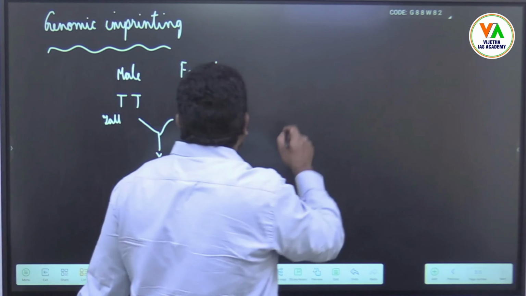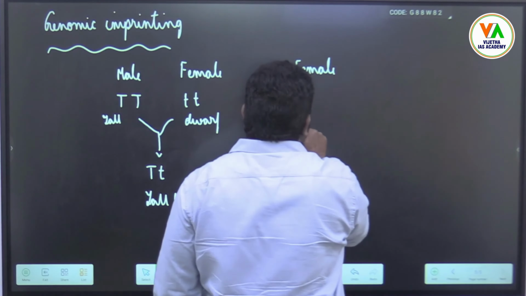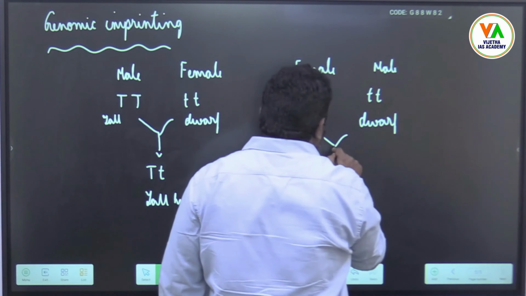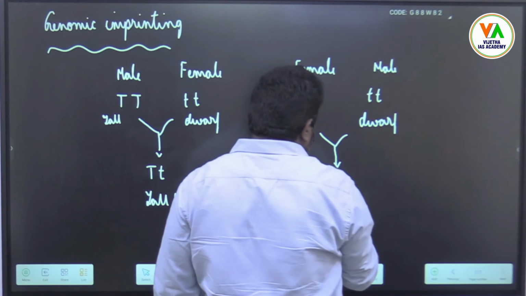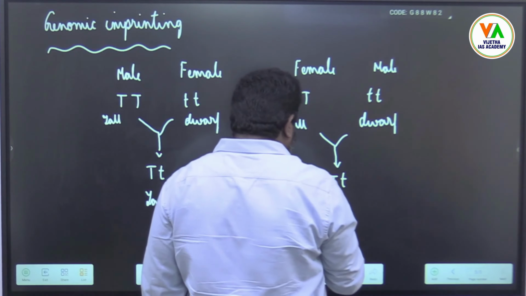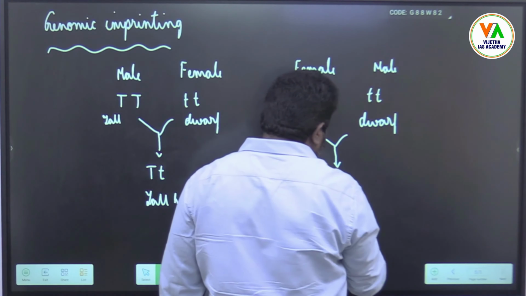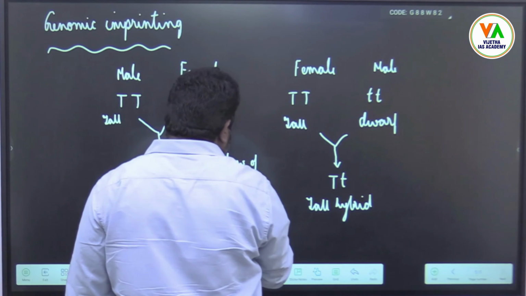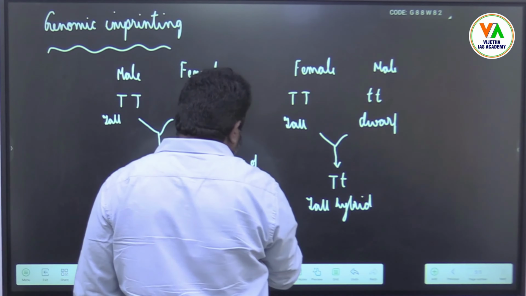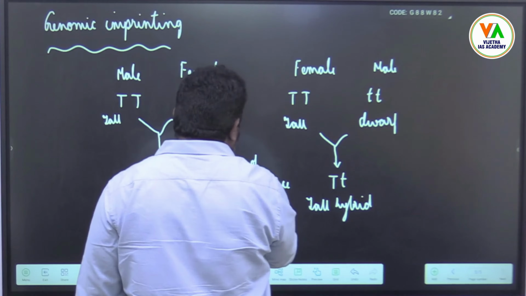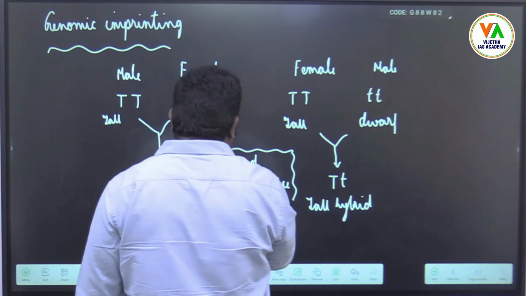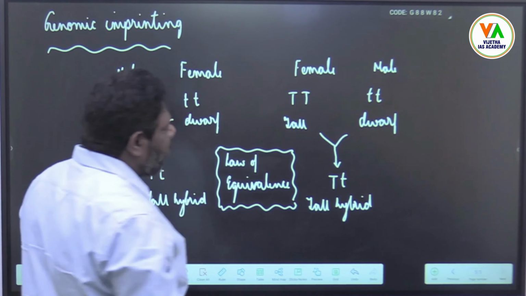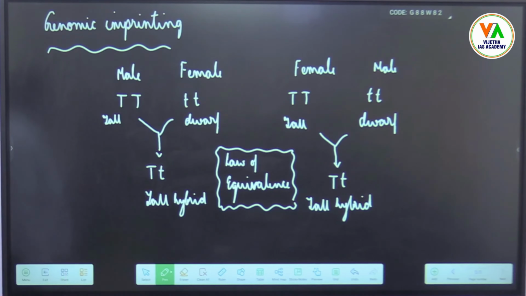Similarly, if we take a female tall plant crossed with a male dwarf plant, then what you get? Capital T, small t, that is tall hybrid. This is what is known as law of equivalence. It doesn't matter which parent is contributing the gene for tall height, it is inevitably expressed in the next generation.